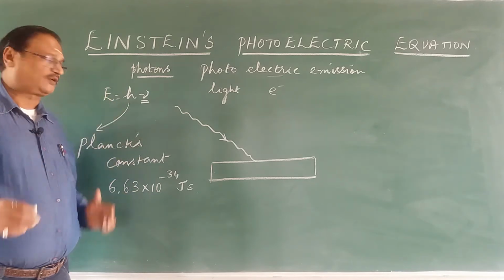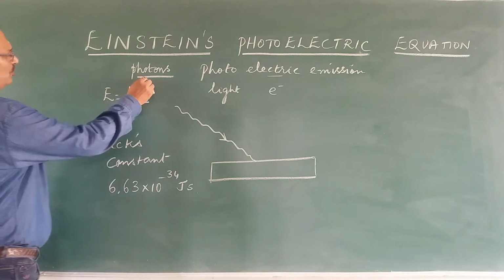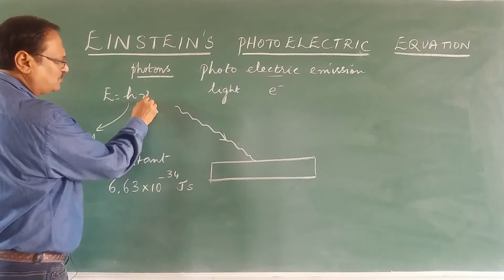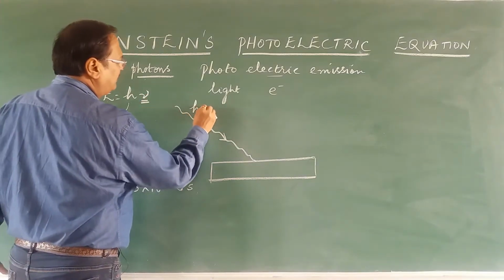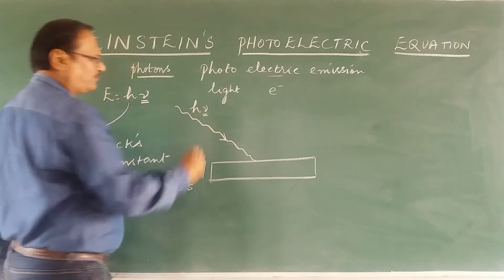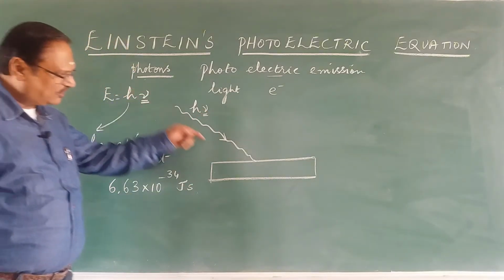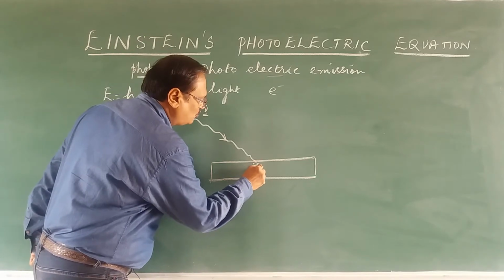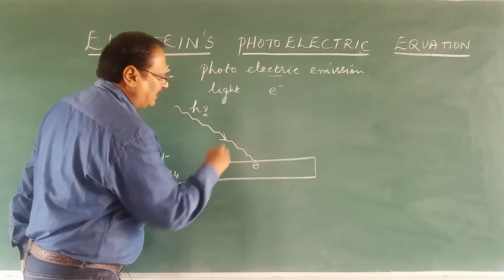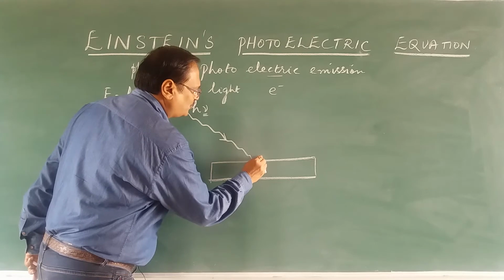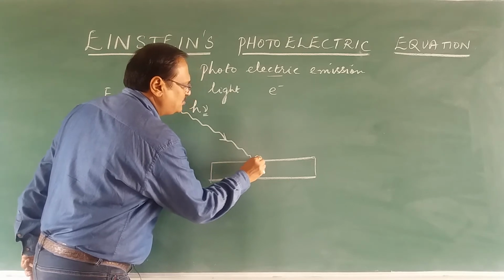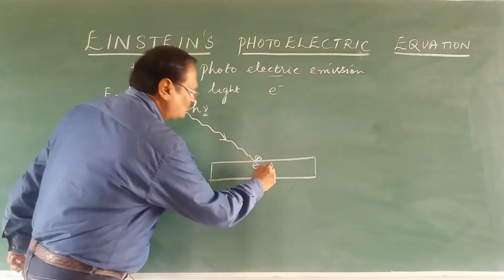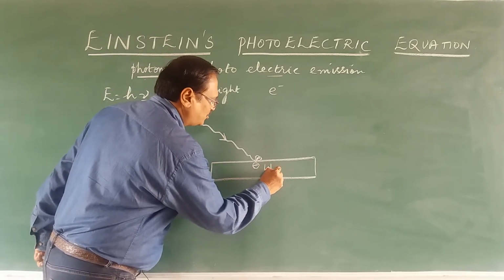But what is the concept? The energy of the photon is h nu, where nu is the frequency. So when light of sufficient frequency falls on a metal, the metal has electrons in the outermost shell, and the electron comes out first. The energy required to remove the electron from the metal is called work function.